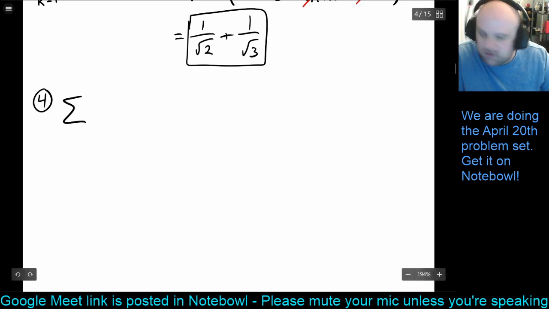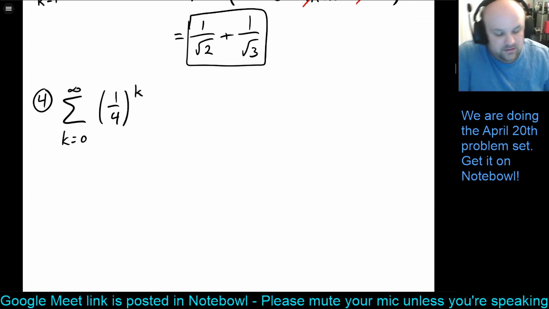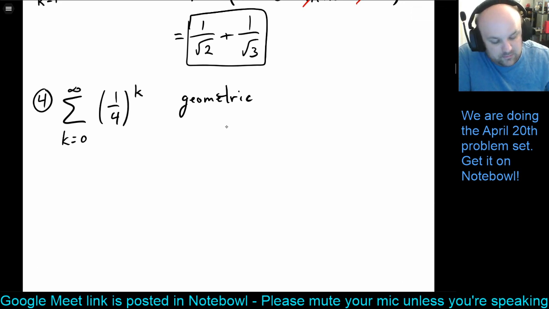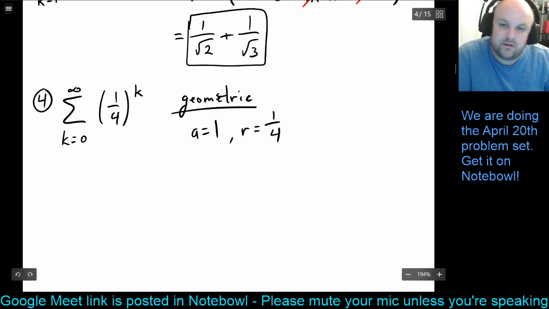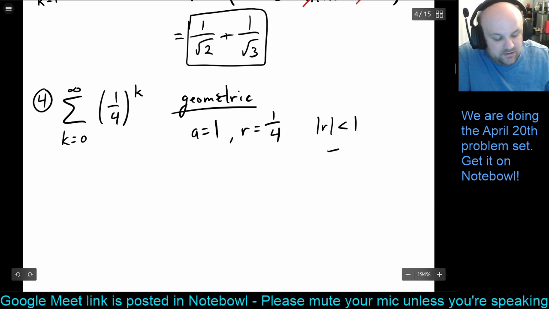In problem 4, we have a sum from k equals 0 to infinity of (1/4)^k. All right, so this is geometric. That's a geometric series with a equals 1, r equals 1/4. The absolute value of r is less than 1 here, so it's going to converge.